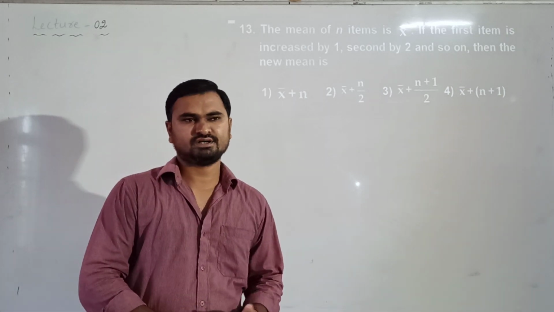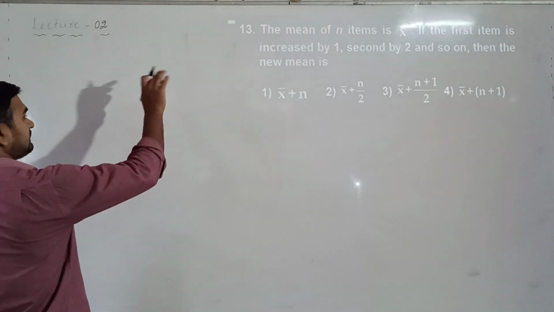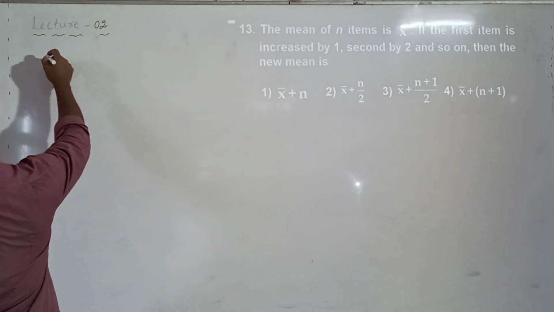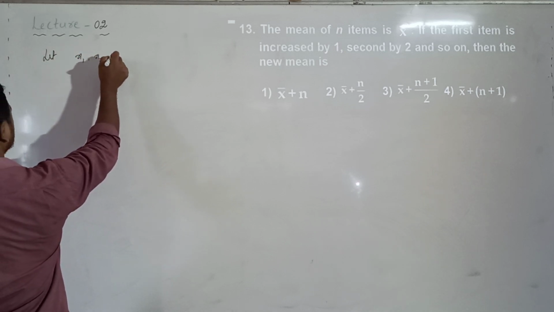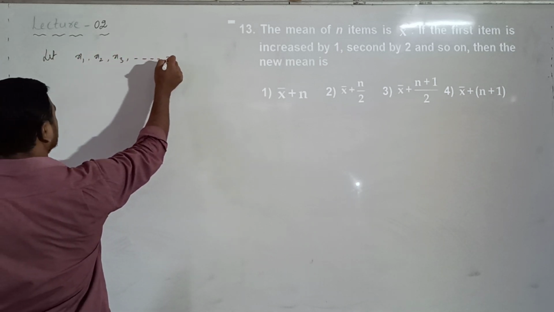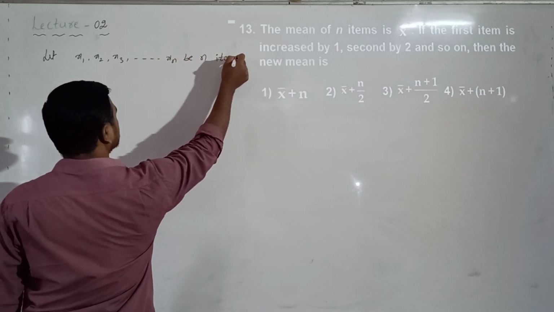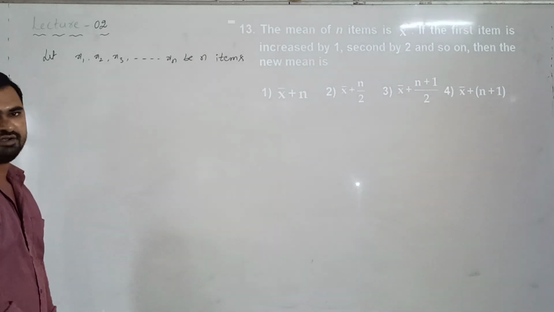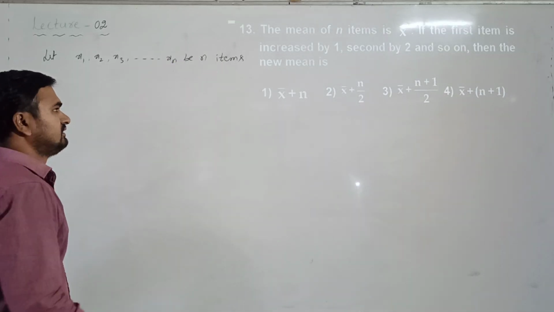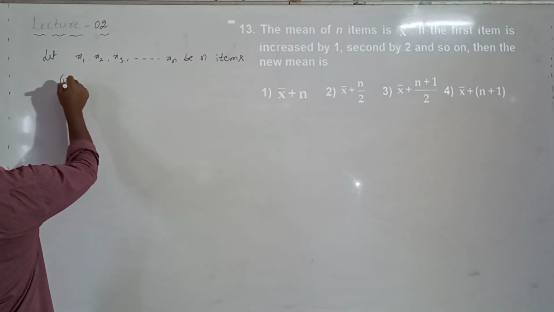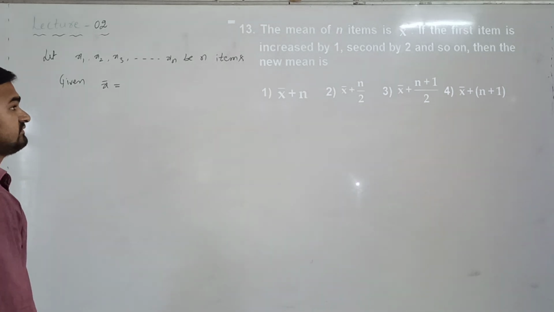Now let us see what the first mean is. The mean of n items is x bar. Let us take the items as x1, x2, x3 up to xn. The mean of these items, x bar, is given.